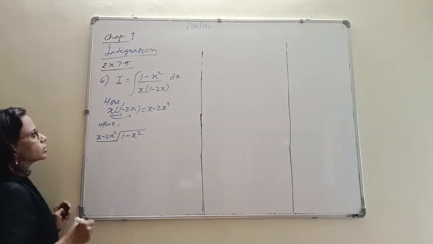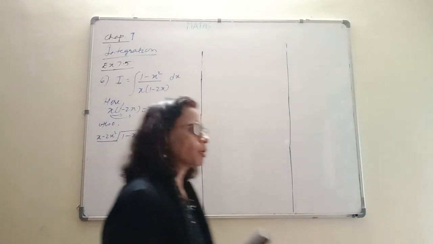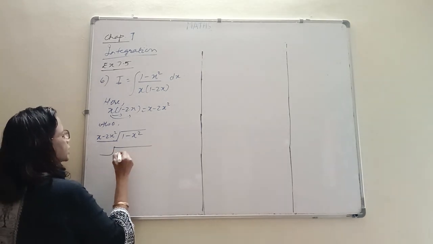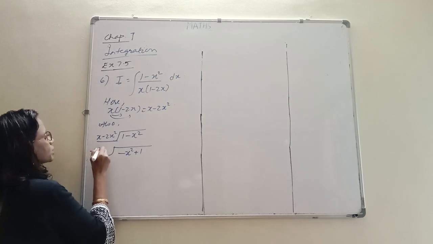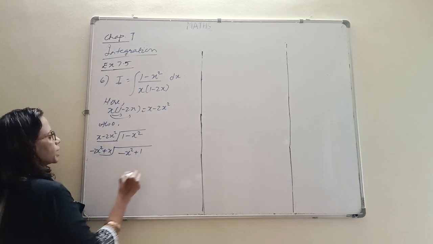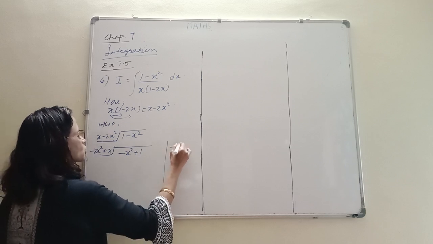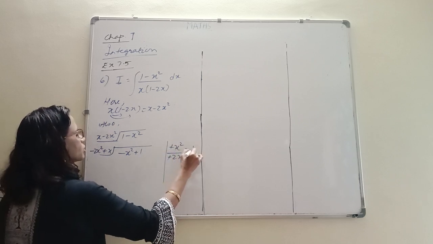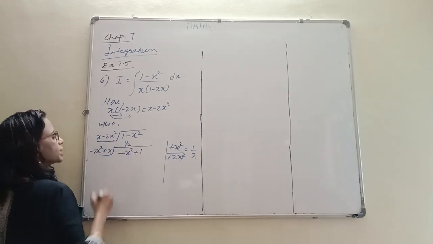Let me write it properly once again: minus x squared plus 1, and minus 2x squared plus x. When we take the first term, it's minus x squared over minus 2x squared. The negatives cancel each other and the x squared also cancels, so you're left with half. Your quotient will have a half.